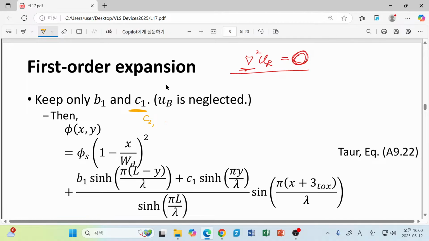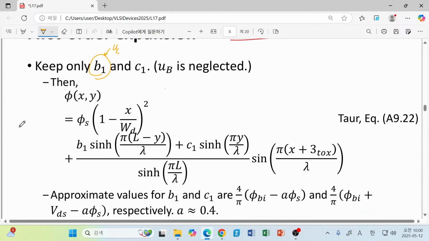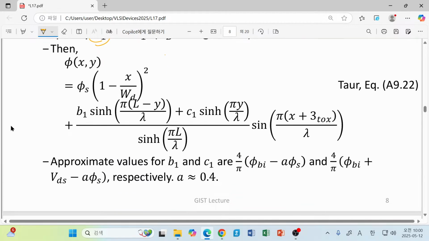But if we go to higher modes, their actual values decrease quite rapidly. So we can just keep the lowest one, C sub 1, and of course B sub 1 corresponds to the U sub L function. Then now we can find a simple form as shown here.